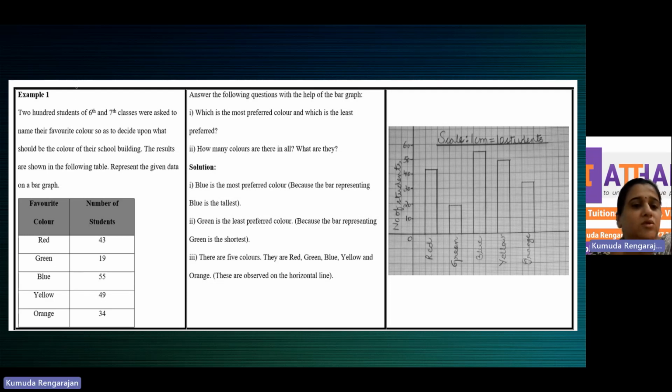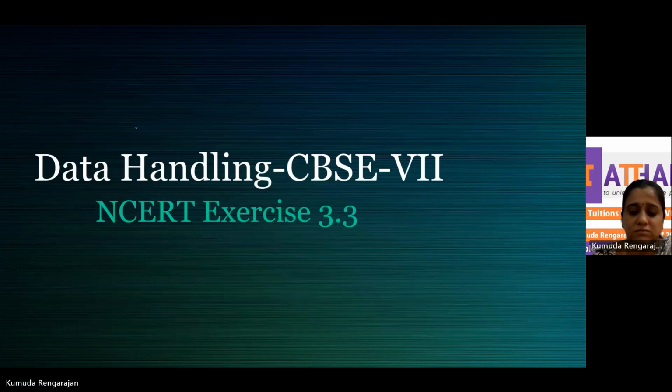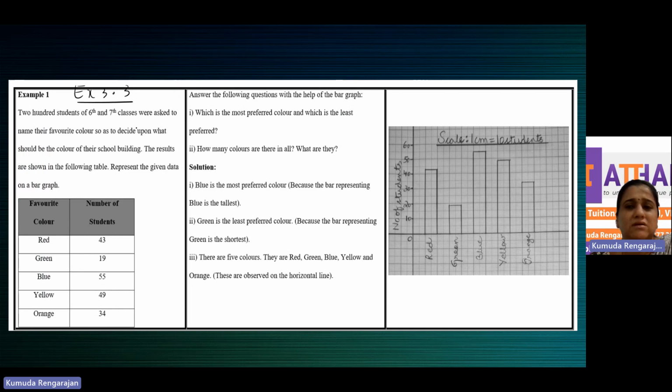I'll tell you what you should do. This is exercise 3.3, example 1. Don't just take the table, don't write all this. Write exercise 3.3, NCERT, example 1.